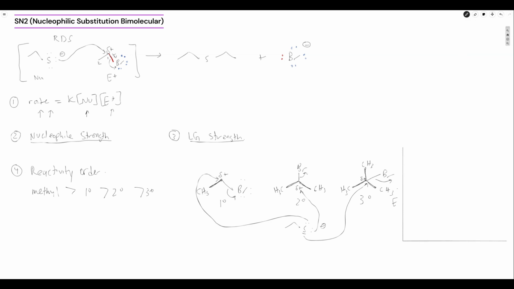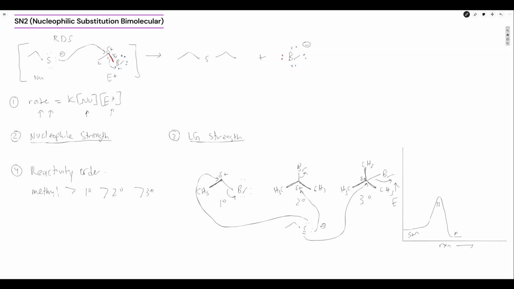Where we have energy here, and here's the reaction. So here is your starting materials. We can imagine a transition state and our products.